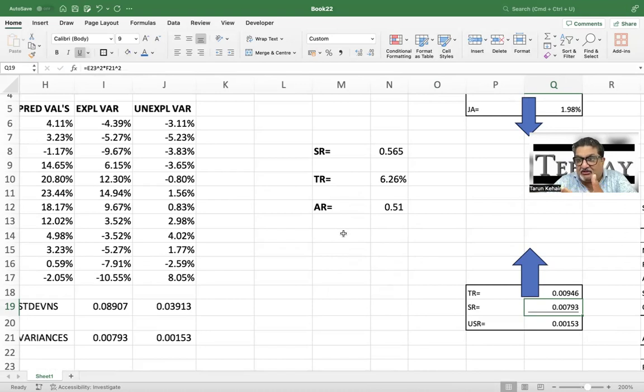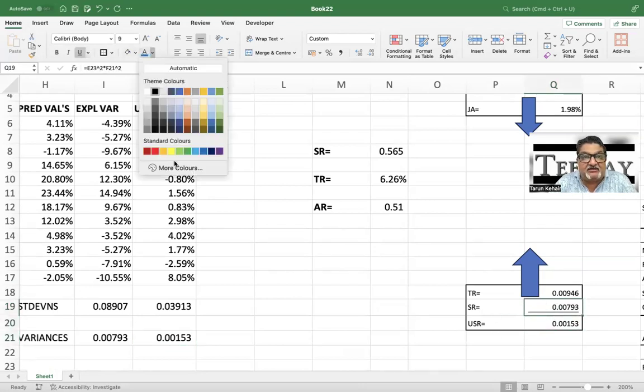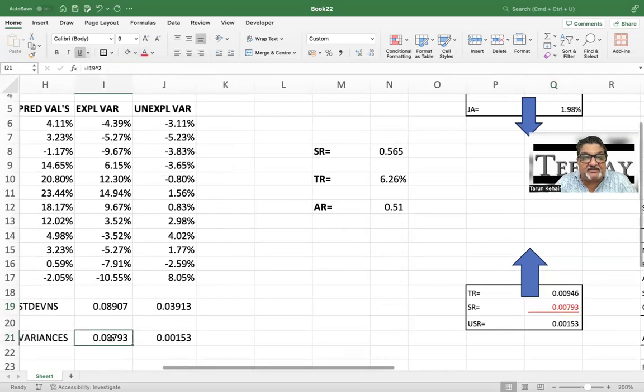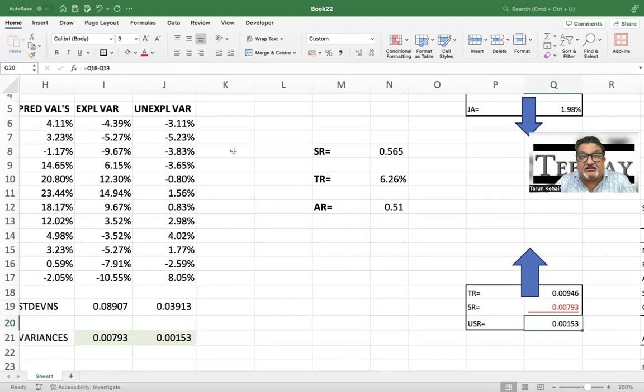And the actual differing from the predicted is your unexplained, that is basically your unsystematic risk, and that's what you can control. So you will see यहाँ पे 0.00153. तो अगर आप ये देखें, this number exactly matches what we have here. And this number also exactly matches what we have here.